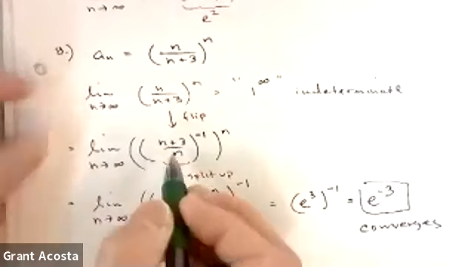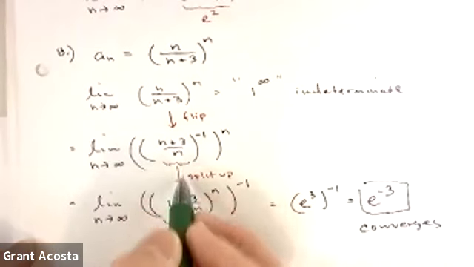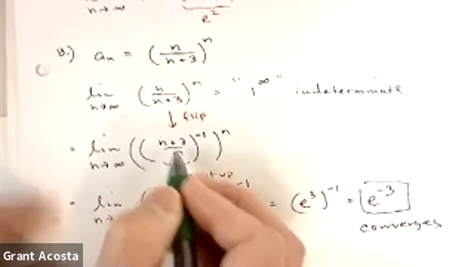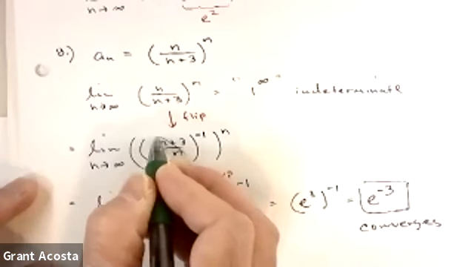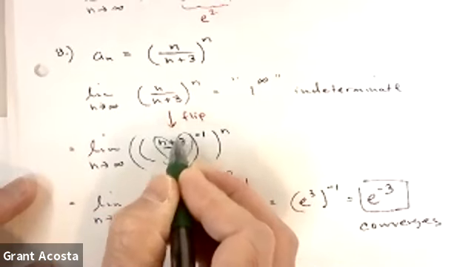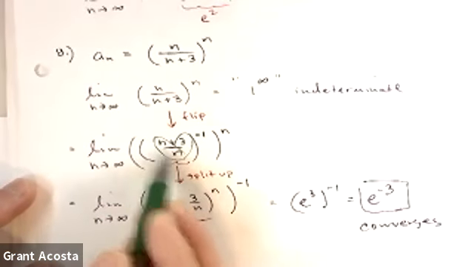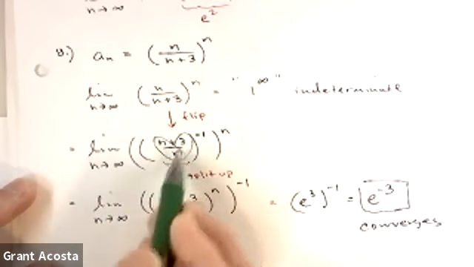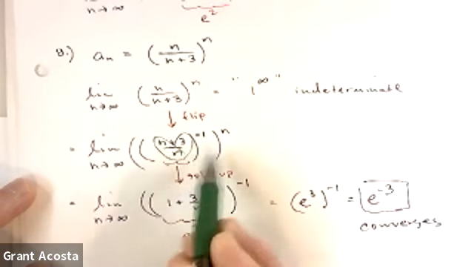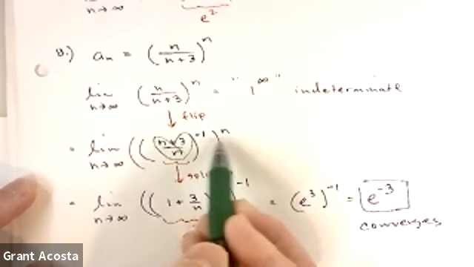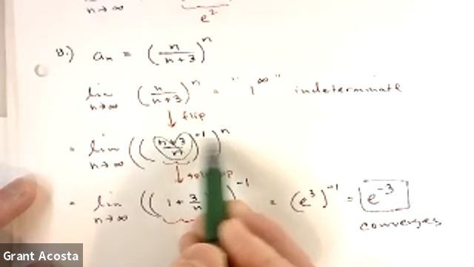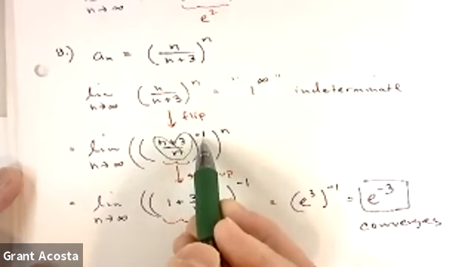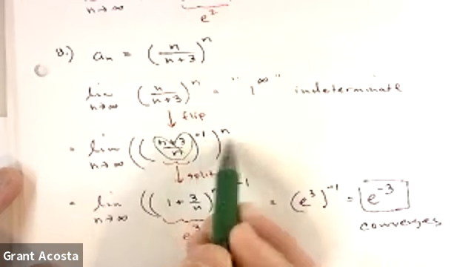Why did I do that? It was so that I could now have just one term in the bottom. And when you have one term in the bottom, we can split this fraction up into 2 pieces. n over n is 1, plus 3 over n. So that's the inside. And then all I'm doing here is just trading places. Your properties of exponents, if I have a -1 here and an n, I could switch those.